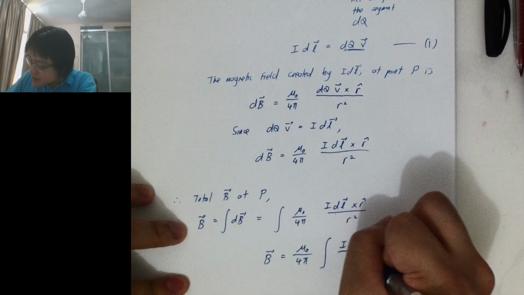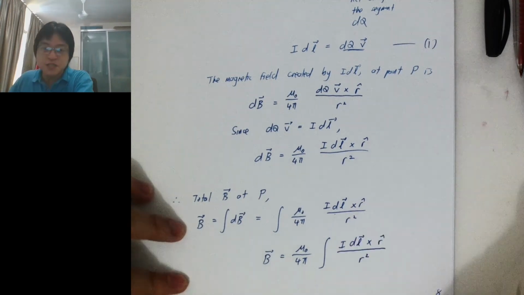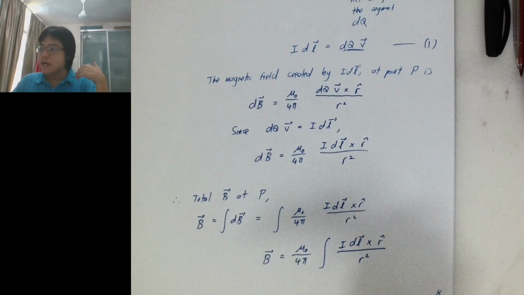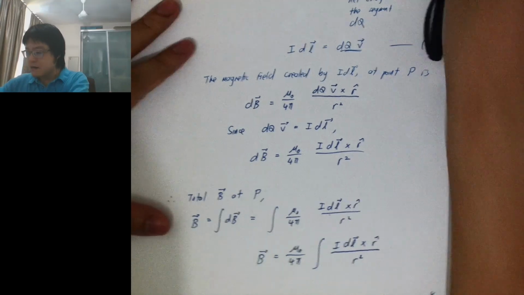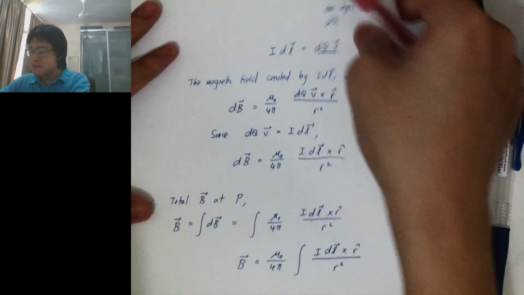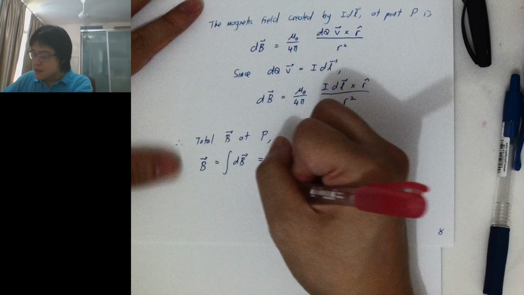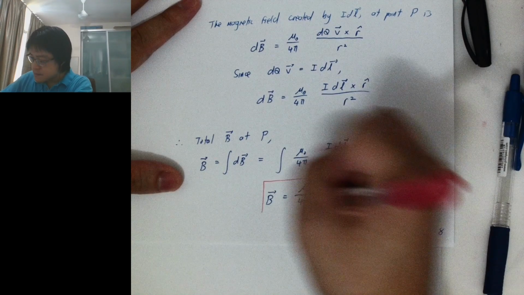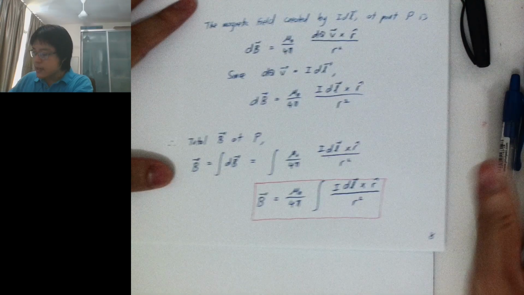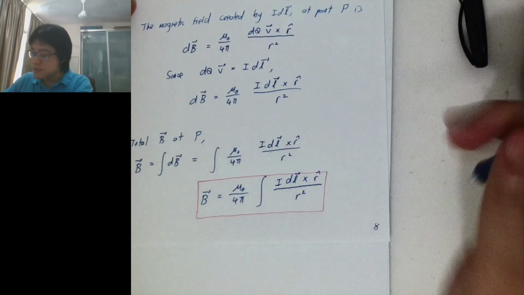The integral just looks scary right now because it's a general formula. It's supposed to adapt to different situations. In any case, we have found this formula for the magnetic field created by a wire, and this is what we call the Biot-Savart law.